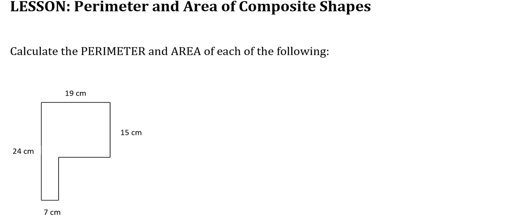And our trick for perimeter is we count the sides. So I'm going to do this again and I'm going to count. 1, 2, 3, 4, 5, 6. And I'm going to write that for perimeter. 6 sides.